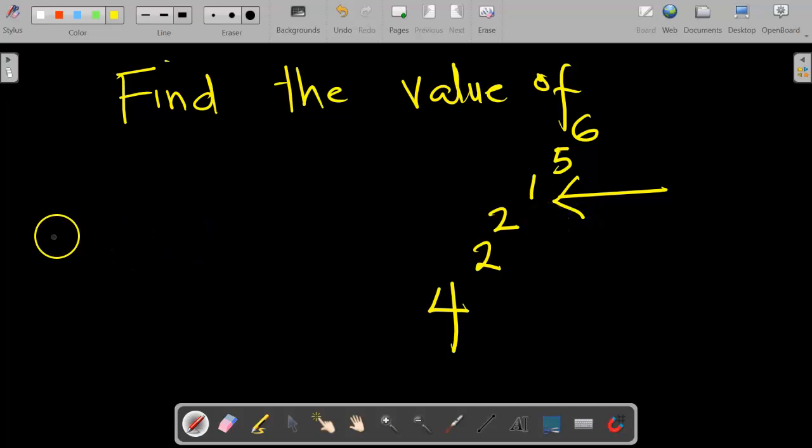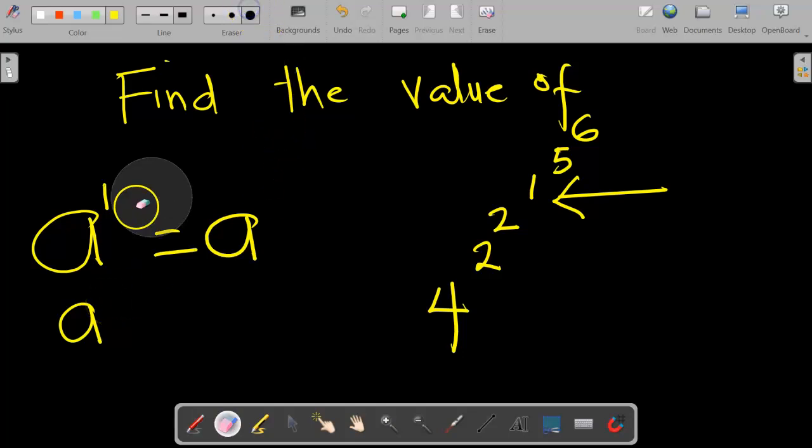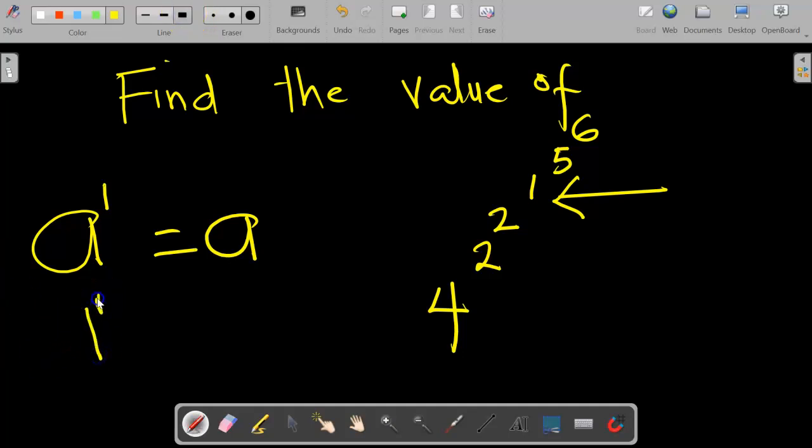Remember, one of the laws of indices, a raised to the power of 1 is equal to a. And 1 raised to the power of anything is 1.